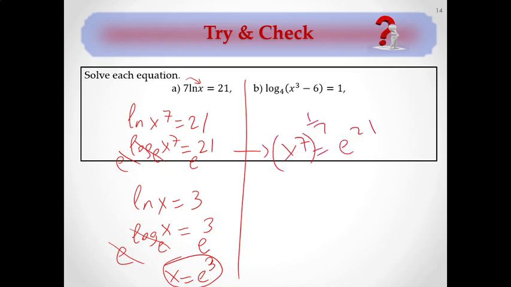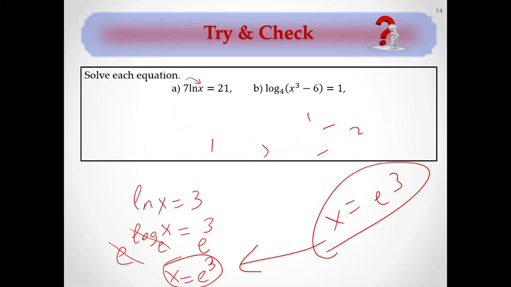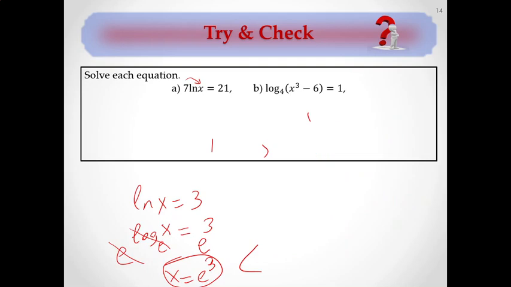You take the 1/7 power of both sides, and we end up with e cubed is equal to x. Same thing. But if you do it like this, it will make it a little long, so we get rid of unnecessary calculations if we do it the first way.